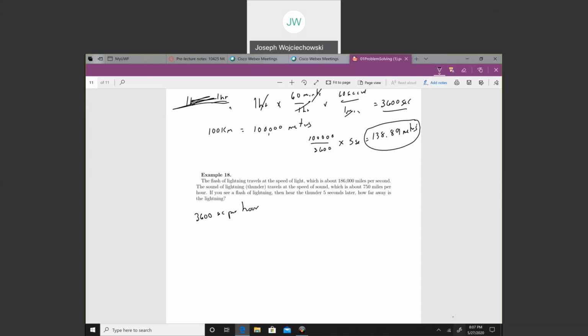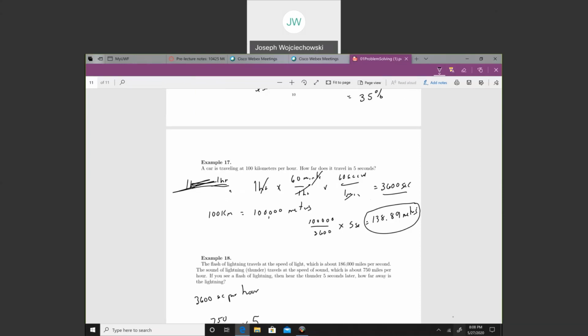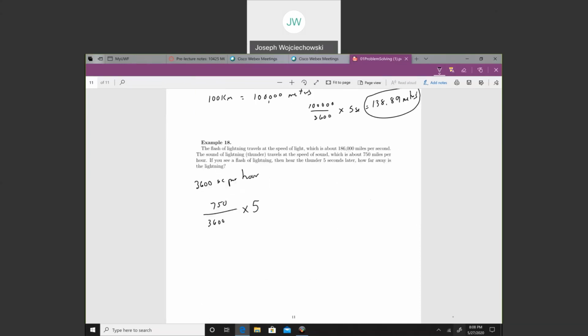So if we take our 750 miles per hour, or per 3,600 seconds, and then multiply that by the number of seconds, which is 5, now we get 750 divided by 3,600, 0.208 with a repeating 3, and we multiply that by 5, and we get 1.0417 miles.